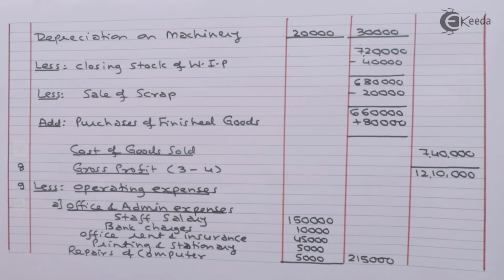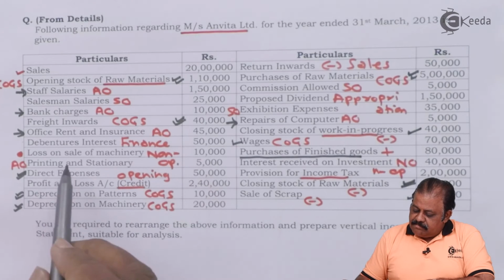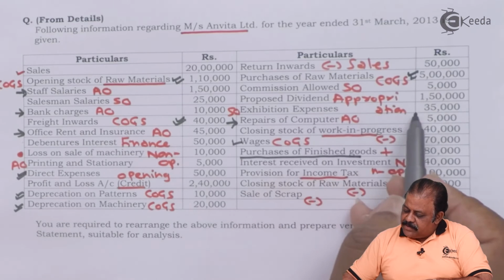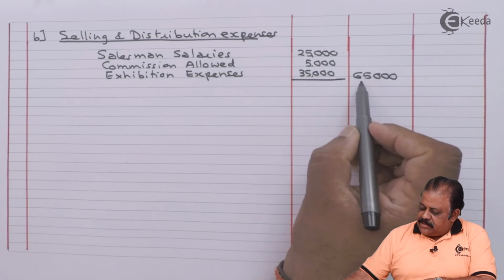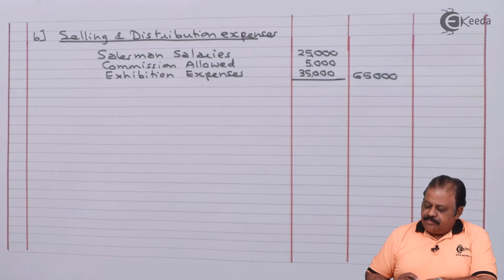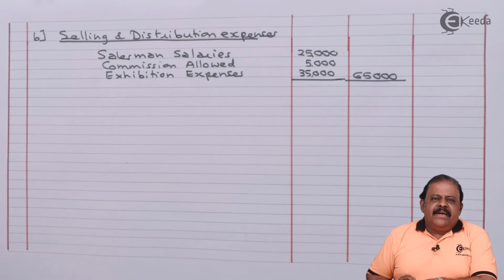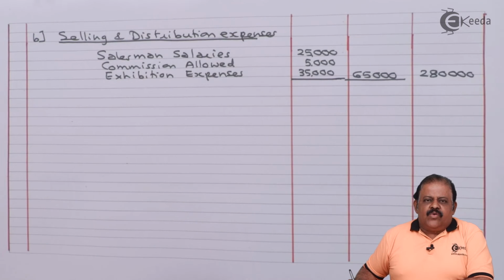Next, selling and distribution expenses: salesman salaries 25,000, commission allowed 5,000, exhibition expenses 35,000. Total selling and distribution expenses 65,000. We'll be adding now operating expenses to find out total operating expenses. It is 2,80,000. This will be deducted from the figure of gross profit.